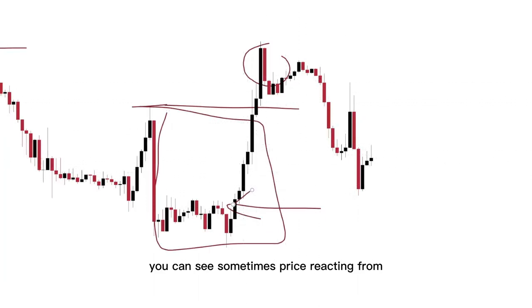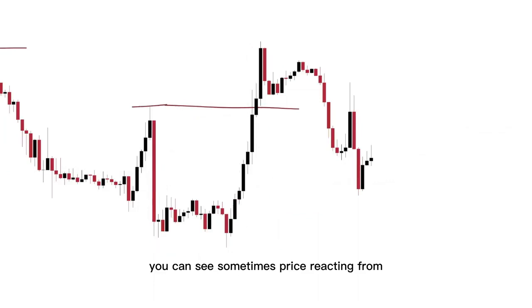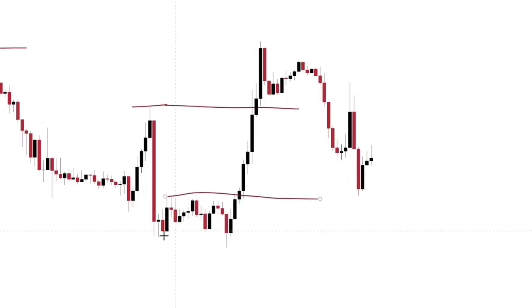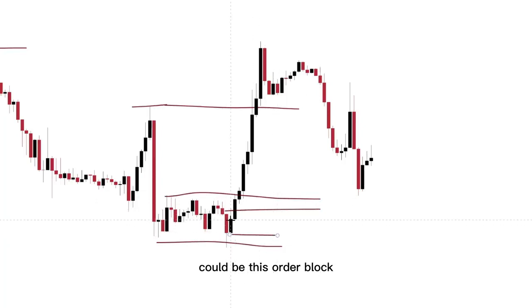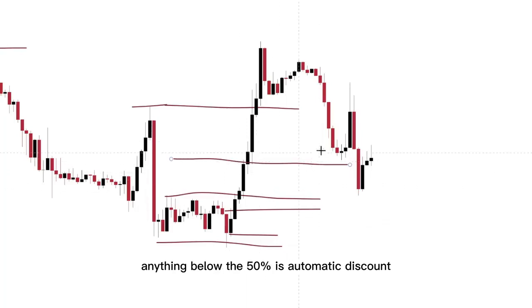So again, you can see sometimes price reacting from the discount, which would be here, this micro base here. Could be this order block, or it could be the 50%. Anything below the 50% is automatic discount, and the quarter of that would be your extreme.